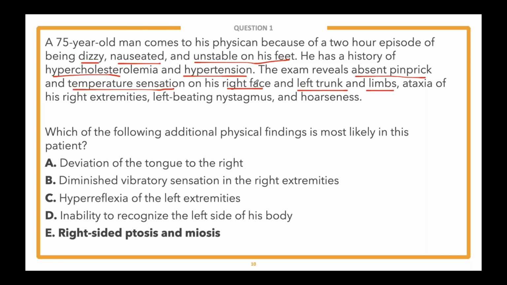So it's important to note here that these are on opposite sides, okay? They're on opposite sides of the body. So make sure you make note of that. He also has ataxia of his right extremities, left beating nystagmus, and hoarseness, okay? Now, like I said, it's a short stem, but it's a very dense stem, and there's a lot of clues here that you have to piece together to get to the right answer.